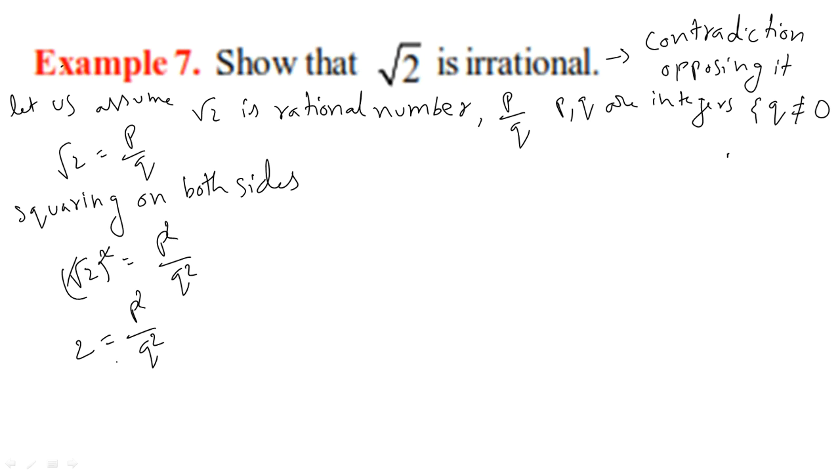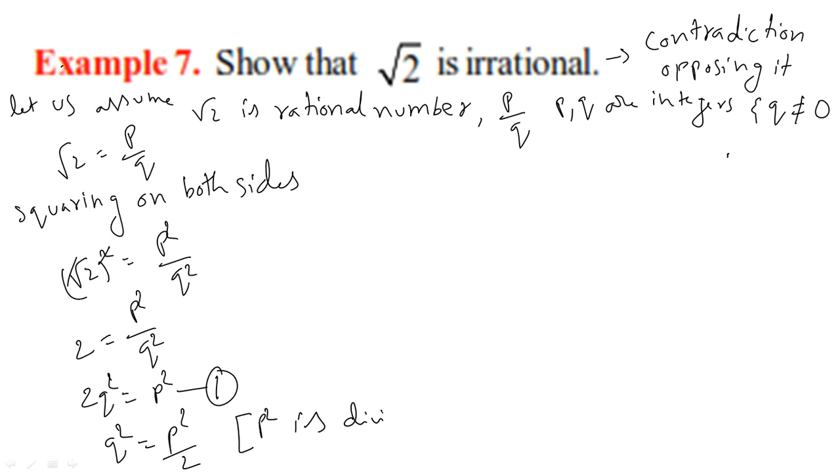Now, 2q square is equal to p square. Let's consider this as equation 1. So q square is equal to p square by 2, where p square is divisible by 2.